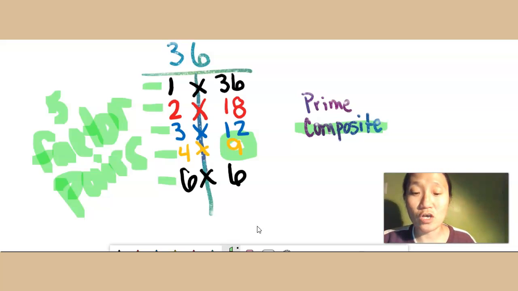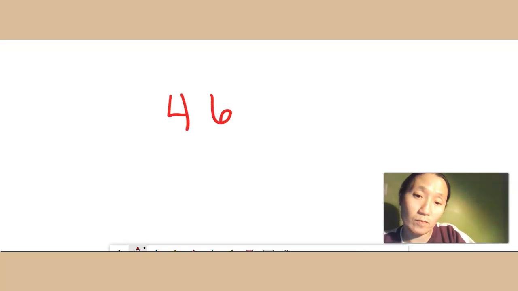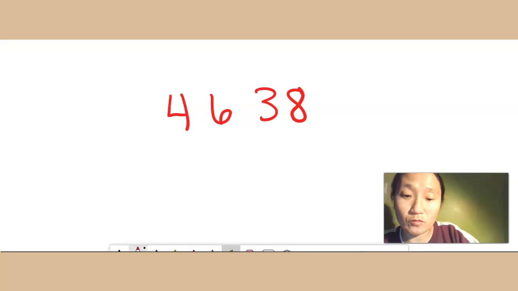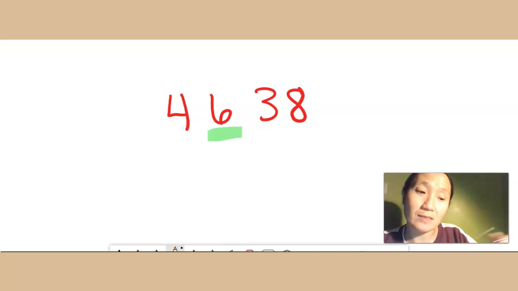All right. So moving on here, we are going to round numbers. So there's our number that we are going to round, and we're going to round to the nearest 100. The number we have underlined is the digit we are going to round to.